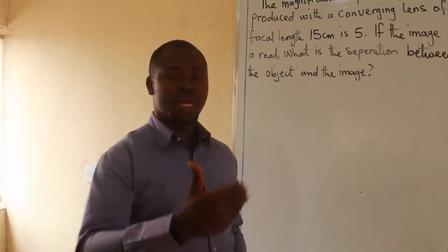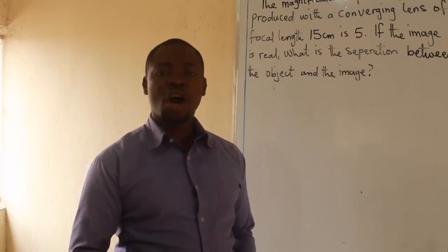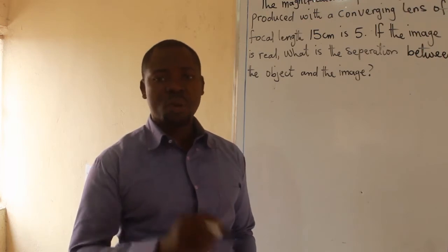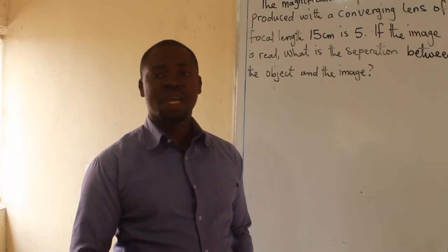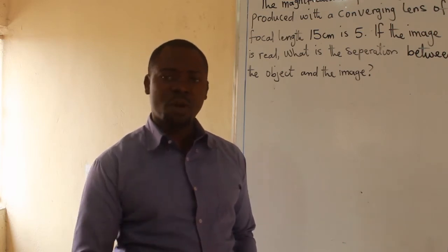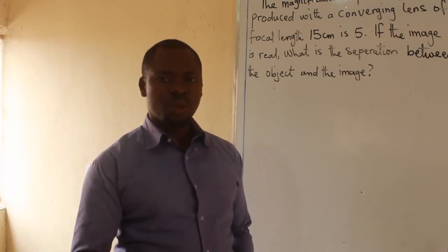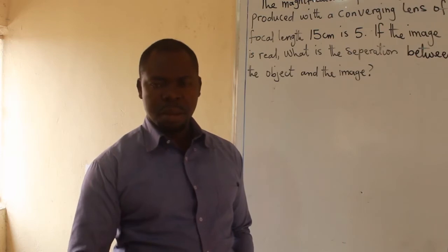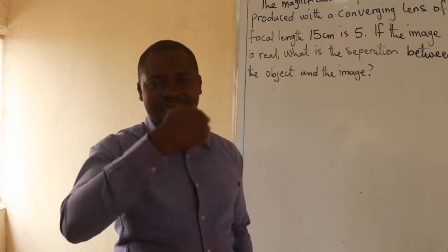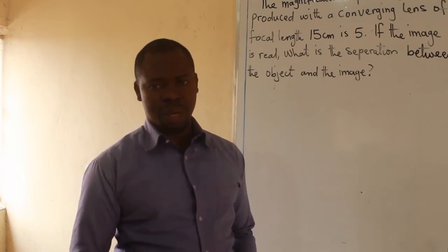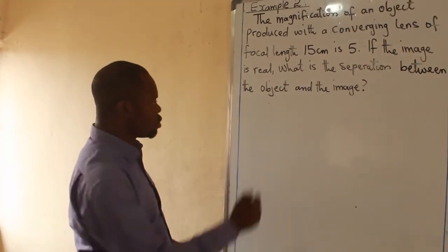They are formed behind, or at the other side of the lens, except when the object is between the focal point and the optical center of the lens. That's when you have a virtual image that is formed at the same side as the object. So a virtual image is formed when the image is at the same side where the object is placed. Okay, so let's look at the solution to this question.